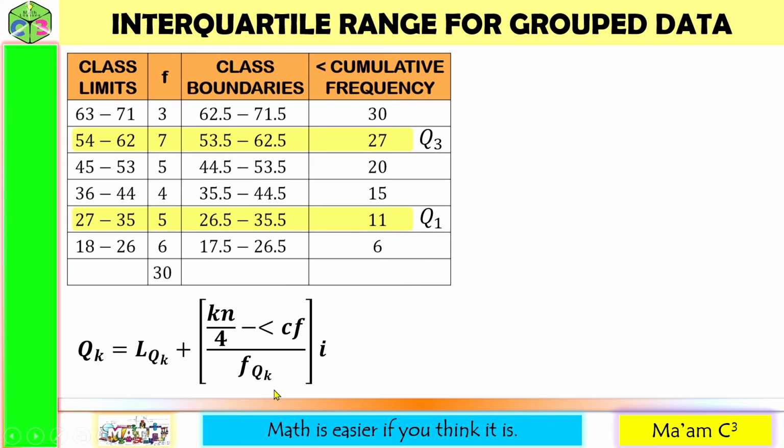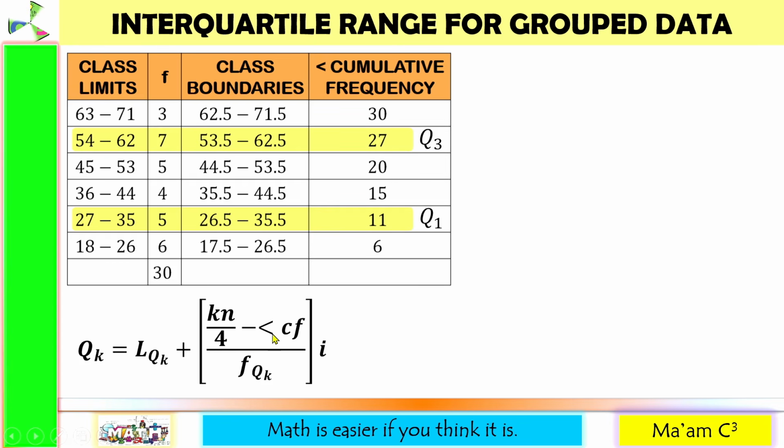Here is our formula. This is the lower class boundary of the quartile class. Since we are looking for Q sub 1, the lower class boundary that we are going to consider is 26.5. Our k again is 1 because this is the first quartile. Our n is 30 divided by 4 minus the less than cumulative frequency.